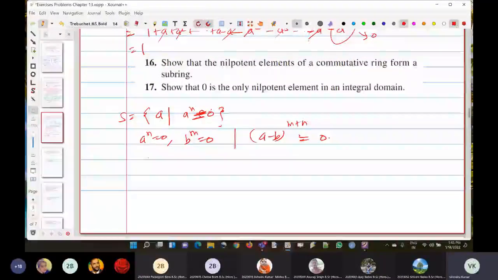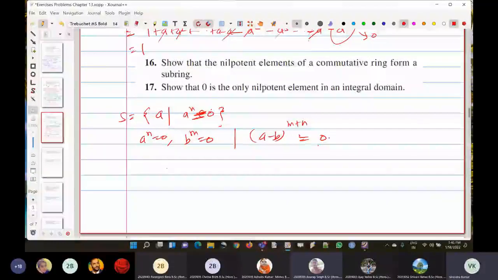Similarly, what else do you need to prove? Once you prove that this equals 0, you can use the binomial expansion. Yes, sir. Similarly, what else do we need? I think product, no?